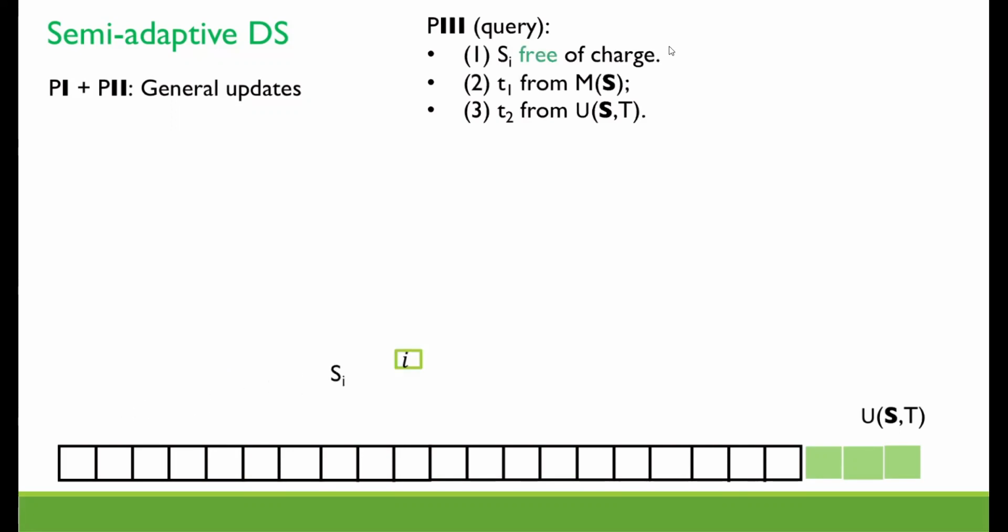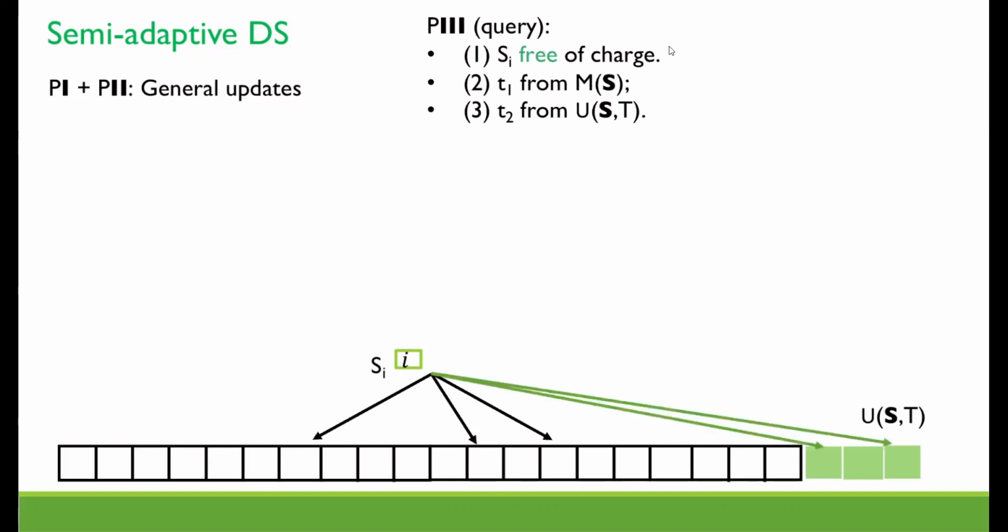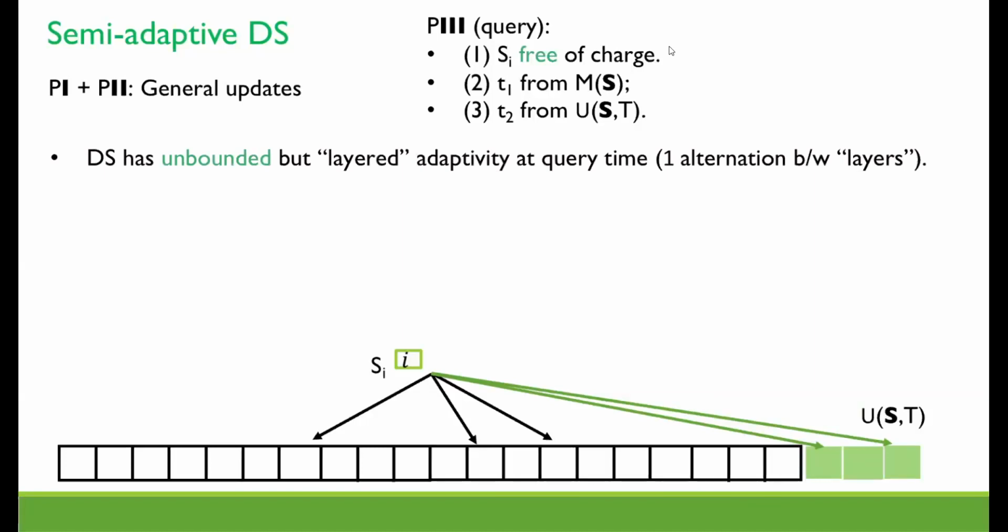Si is given free of charge. You first read from white cells, then from the green cells. So the data structure has unbounded but layered adaptivity. You are only allowed one alternation between the layers.